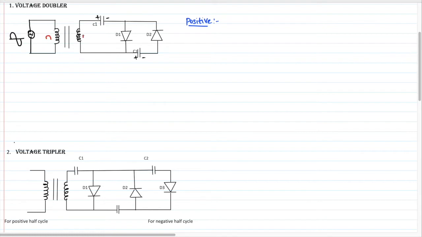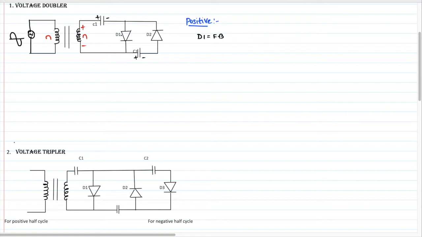When you apply a positive cycle, this transformer's X will become positive and Y will become negative. When you apply a positive to the diode D1 anode, this diode will become forward bias, because we are applying a positive signal to the anode.